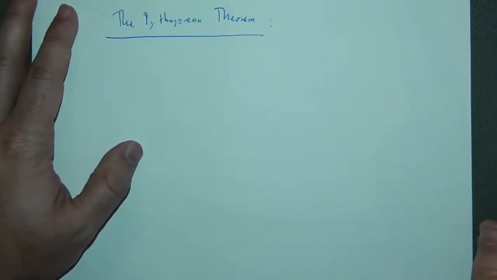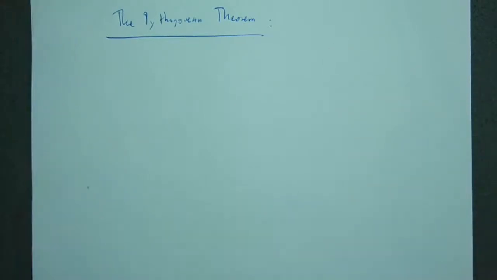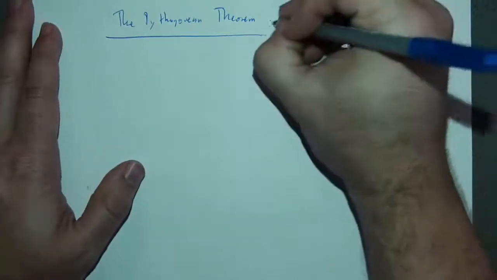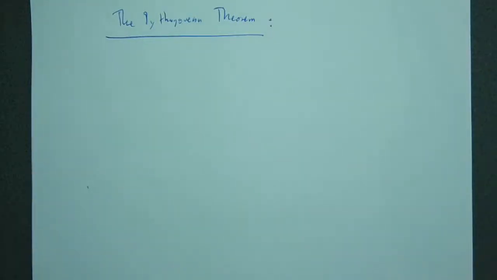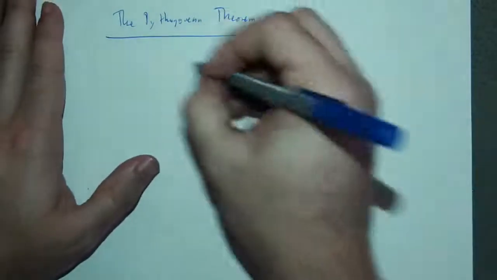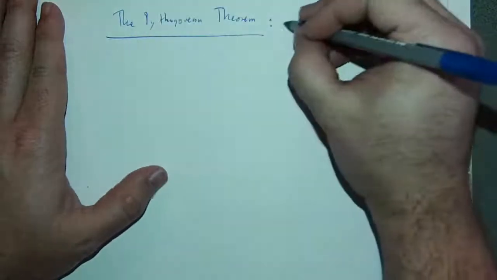So of course, what is the Pythagorean theorem? You're familiar with the statement: if you have a right triangle with legs A and B, and hypotenuse C, then A squared plus B squared is equal to C squared. Now, the actual original statement of this is the following.